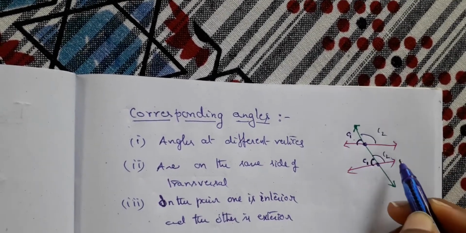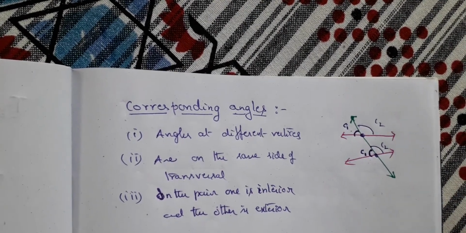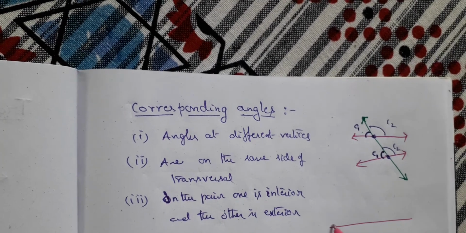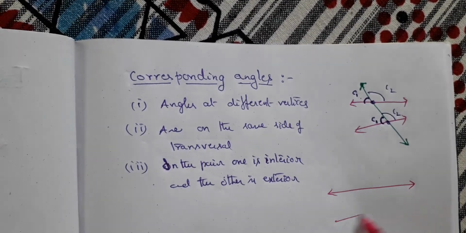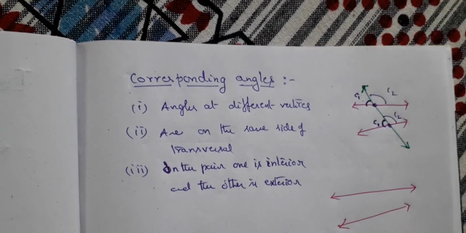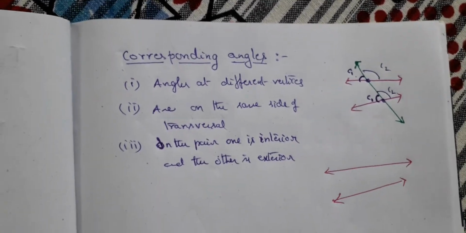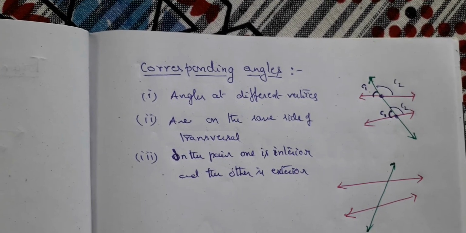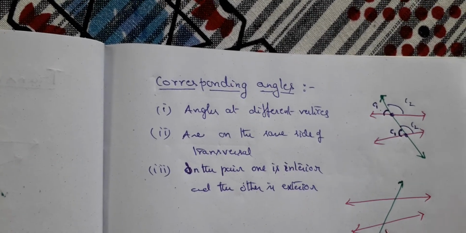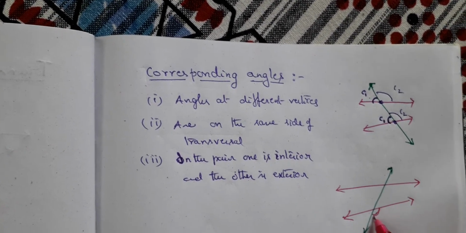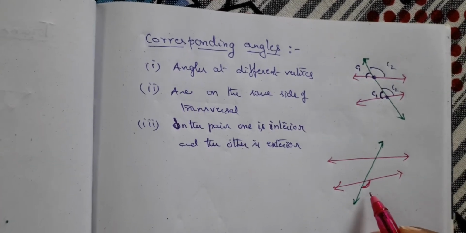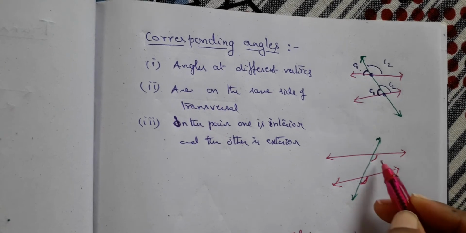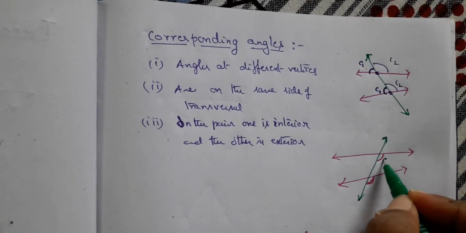C2, corresponding second pair. We shall draw another diagram in order not to get confused with the other pairs. So now, I am taking here the exterior angle. Here is the exterior one. So on the same side, it should be interior. That means C3.